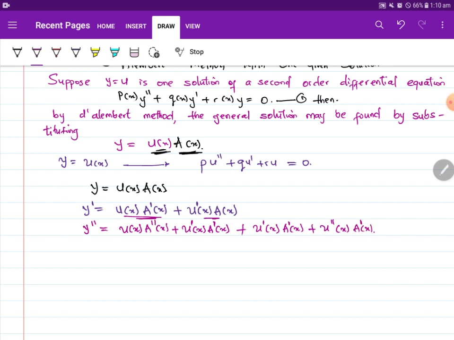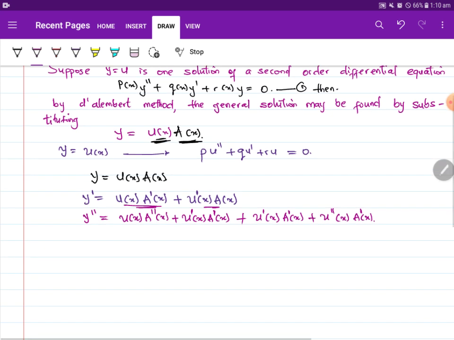So at that point I've been able to apply the product rule, which I can now say y double prime is the same thing as u of x a double prime of x plus 2 u prime of x a prime of x plus u double prime of x a of x.